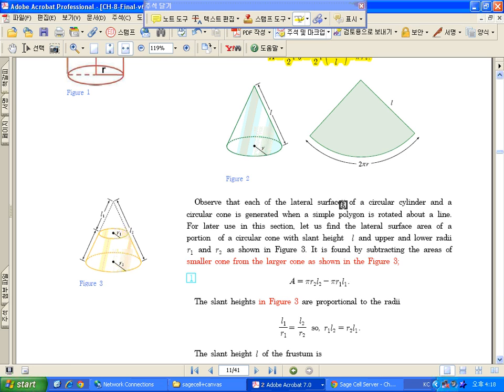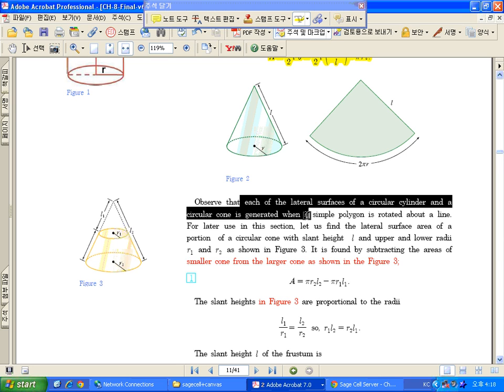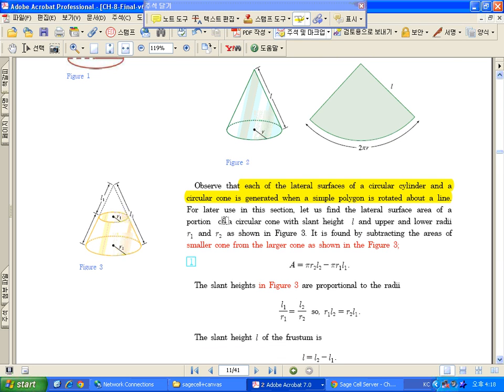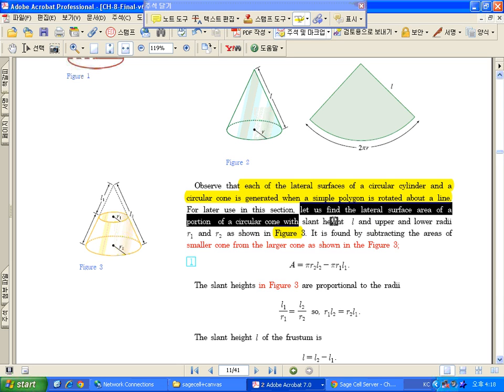Observe that each of the lateral surfaces of a circular cylinder and a circular cone is generated when a simple polygon is rotated about the line. For example, in figure 3, let us find the lateral surface area of a portion of a circular cone with slant height L and upper and lower radii R1 and R2.